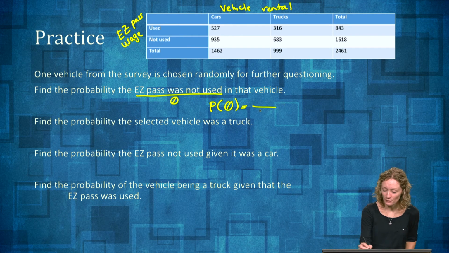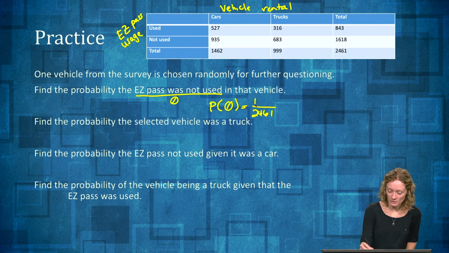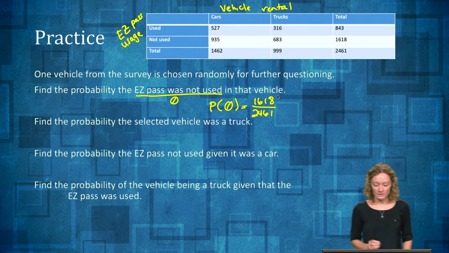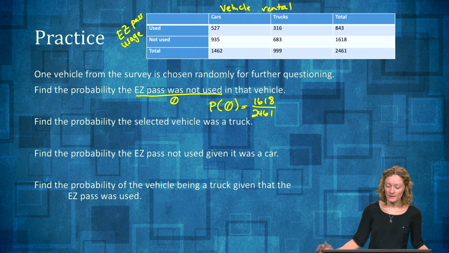Out of the full 2,461 people in the study, how many did not use the Easy Pass? This is the not used row. 935 were cars, 683 were trucks, for a total of 1,618. So 1,618 of the 2,461. And I don't think this simplifies, so that should be it.